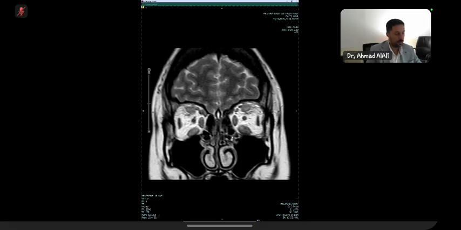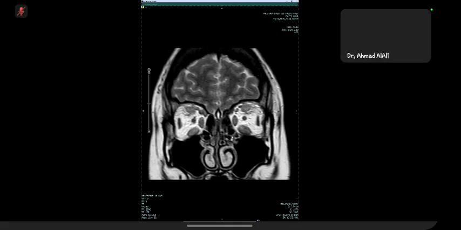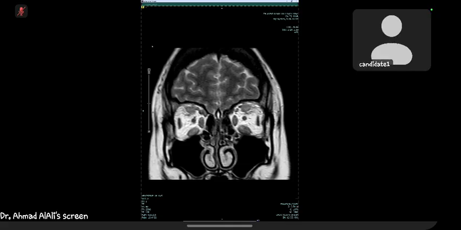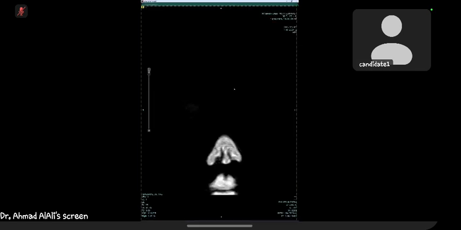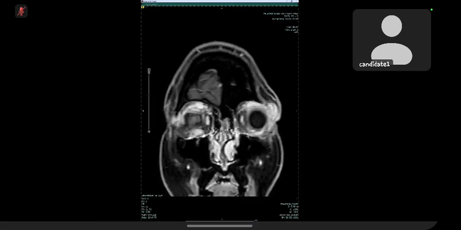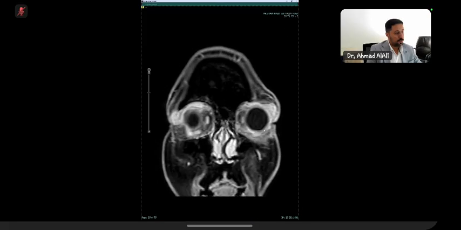Is that correct? Yes. Are you aware of any pathology that can cause that bilaterally? Thyroid ophthalmopathy can cause enlargement of the extraocular muscles with sparing of the tendon sheaths. Yes, exactly.